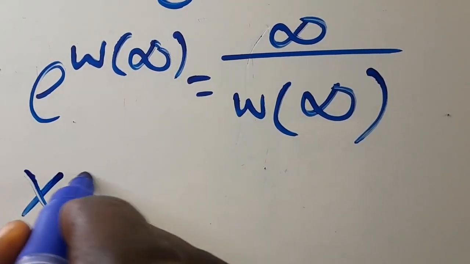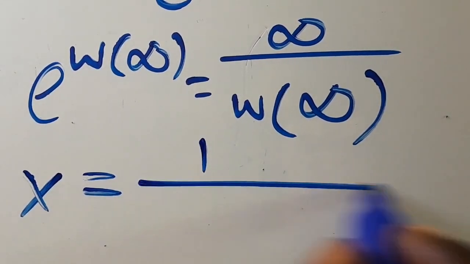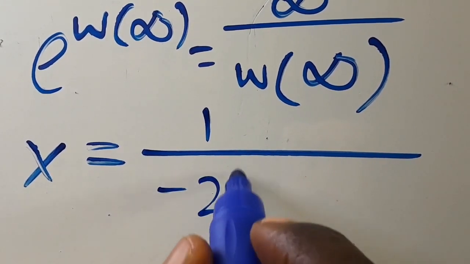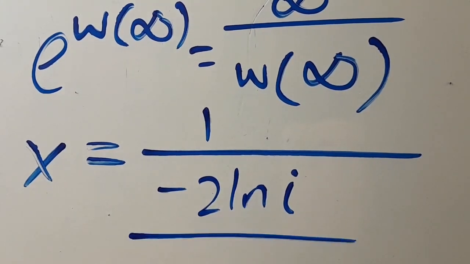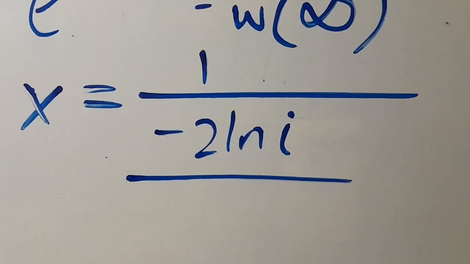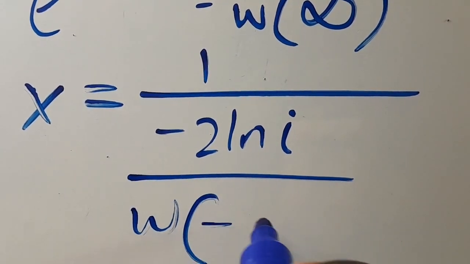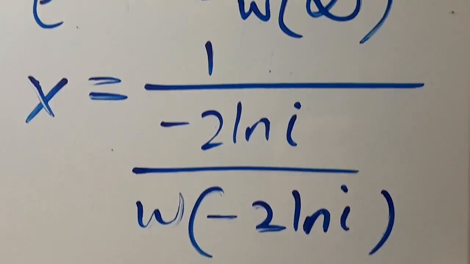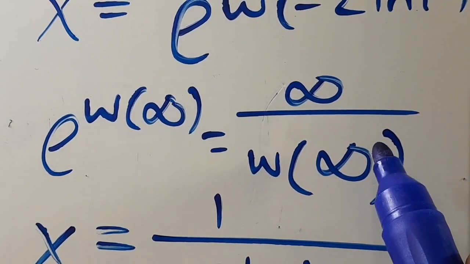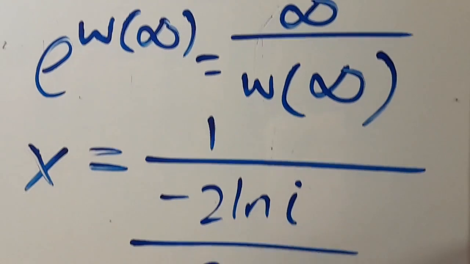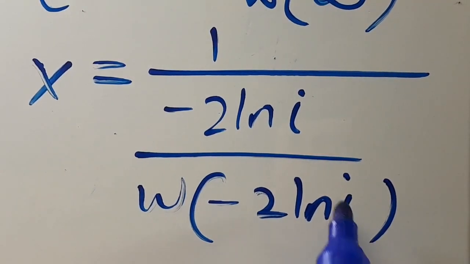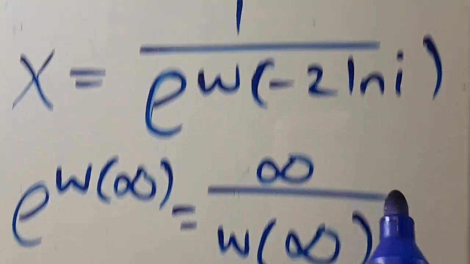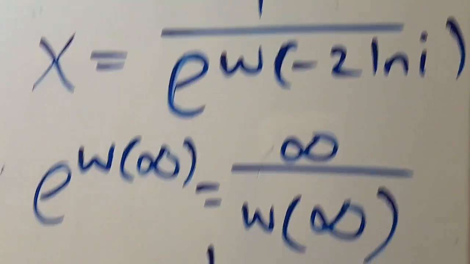Our x will now be equals 1 divided by minus 2 ln of i, again divided by the Lambert W function of minus 2 ln of i. So when we apply this particular expression to this given problem, we have our fish here and here to be minus 2 ln of i.